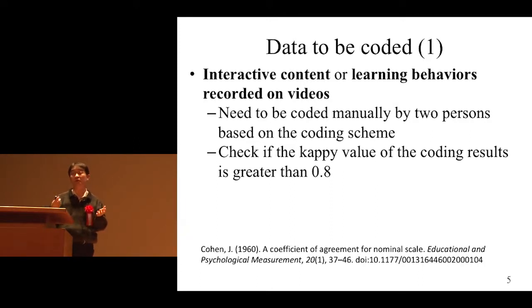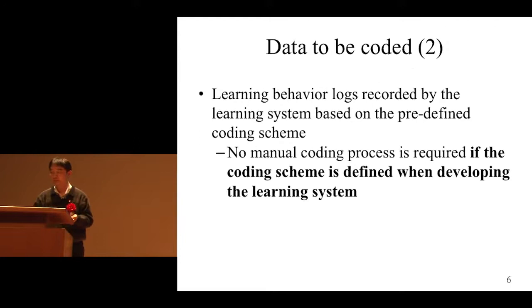That means the two coders have consistent coding of the learning or interactive content. If the coding scheme is embedded in the learning system or game, of course we don't need to code the behavior or content manually.